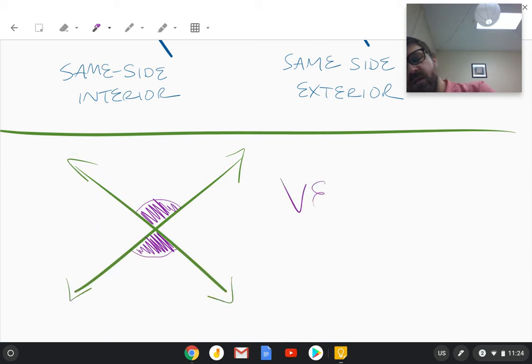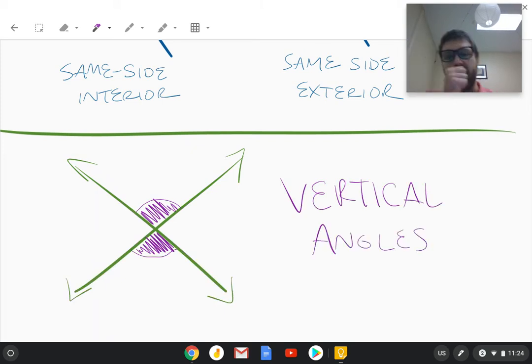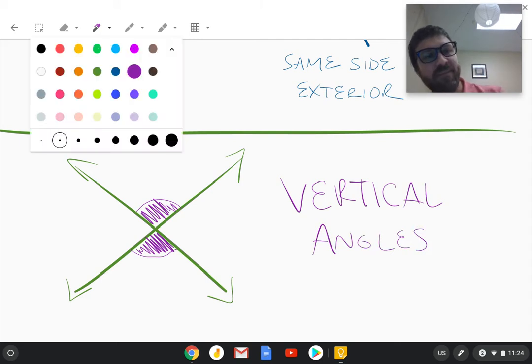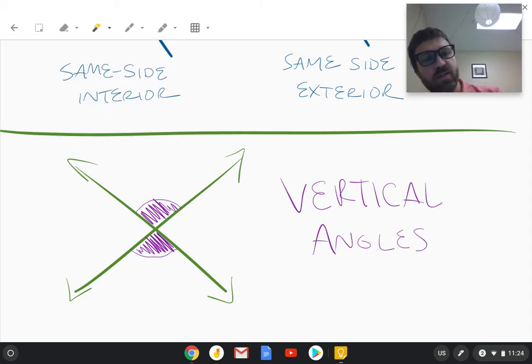This is called vertical angles. So vertical angles are angles that are across from each other at an intersection point. So these purple angles would be congruent to each other, and these yellow angles would also be congruent to each other. Each one of those would be an example of vertical angles, and vertical angles are congruent.